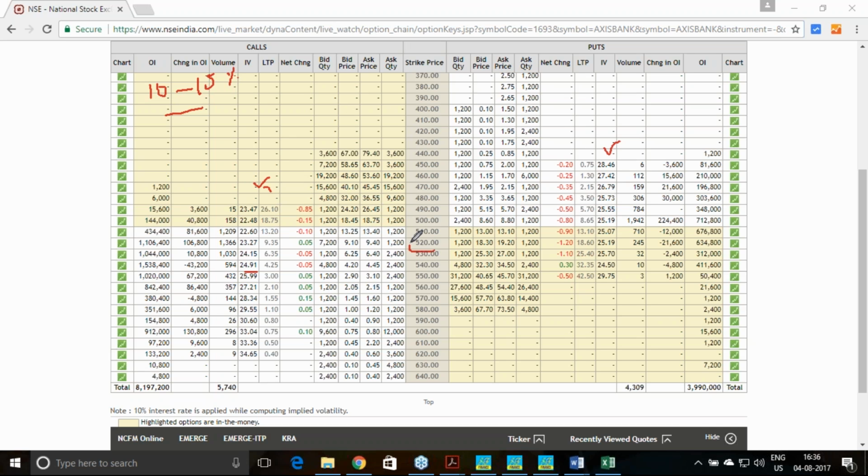So you can say the 520 call and 520 put have 25 and 23. So 10 to 15% range it is coming.